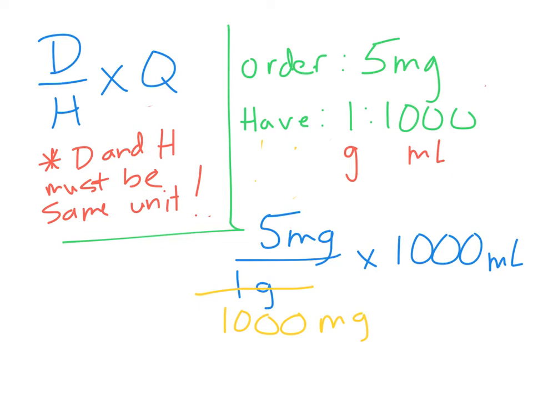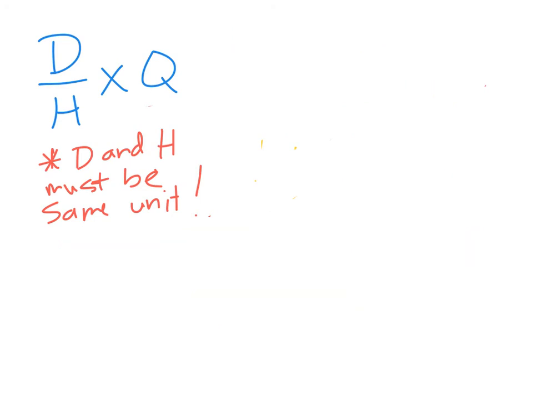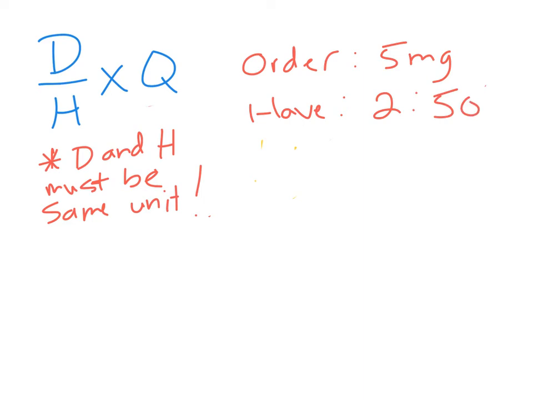But no matter what your ratio is, it doesn't always have to be a 1 to 1,000 solution. Let's say we've ordered, once again, 5 milligrams of something. We look on that vial and it says that we have a 2 to 500 solution. Again, we see another ratio, two numbers separated by a colon.